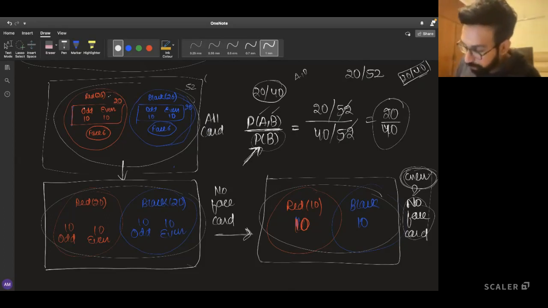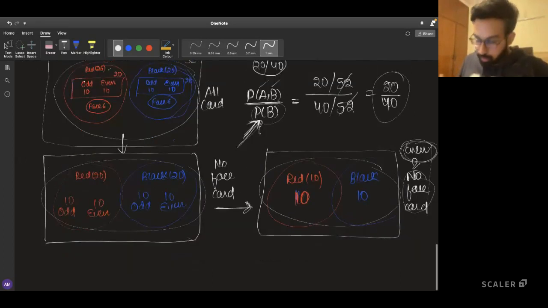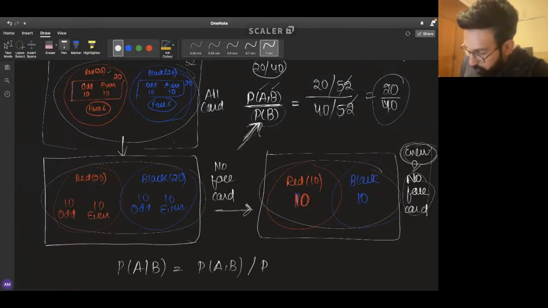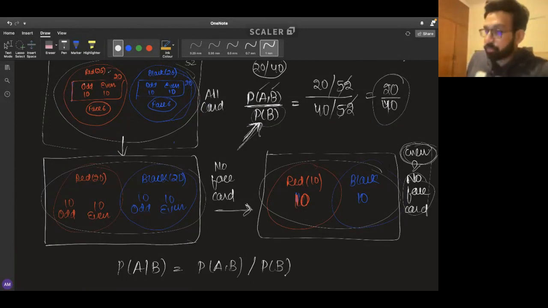If you want to think about this intuitively, fine, but if you don't, and you remember this formula from high school, then you just know that the conditional probability P of A given B is P of A intersection B divided by PB.